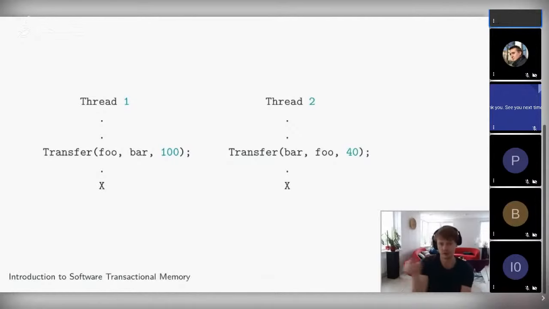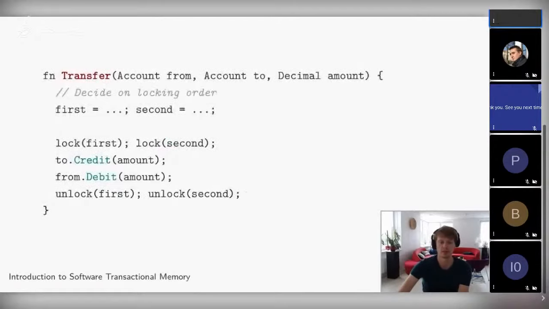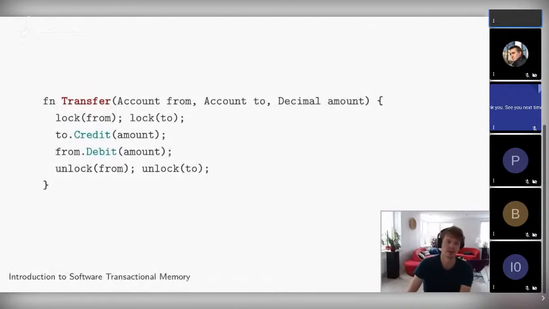If there are two threads, thread 1 and 2, that both try to execute this transfer method or function, and they do it for the same accounts, just flipped, then what can happen is that right in between the first call to lock and the second call to lock, the other transfer method was executing as well.